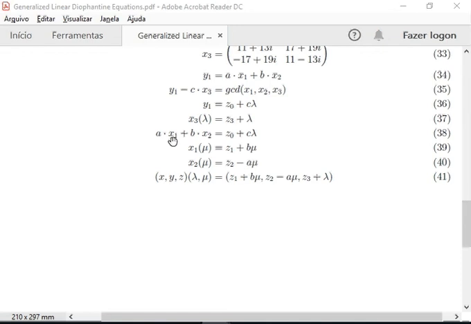Whenever we add b to x1, we have to subtract a from x2 because ab minus ba is equal to 0. Therefore, the general solution is z1 plus b mu, z2 minus a mu, and z3 plus lambda.